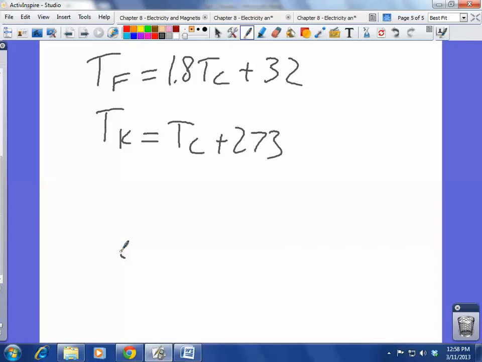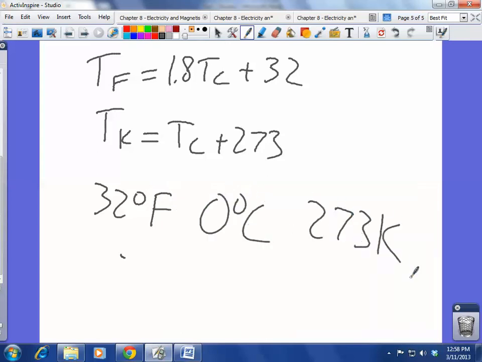They're all saying the same thing. So when I say something is 32 degrees Fahrenheit, 0 degrees Celsius, or 273 Kelvin, all those are saying the same thing, just in different ways. Just like saying that table is 2 meters long is the same thing as saying it's 200 centimeters long, which is the same thing as saying it's almost 2 yards long. Okay? Just different scales.